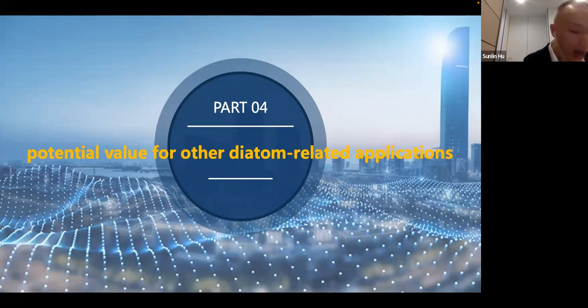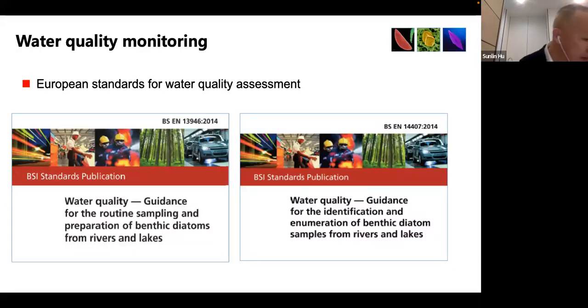Lastly, I would like to speak a few words about the new method's potential value for other diatom-related applications. Take water quality monitoring, for example. In Europe, there are two diatom-related standards being used for water quality assessment.